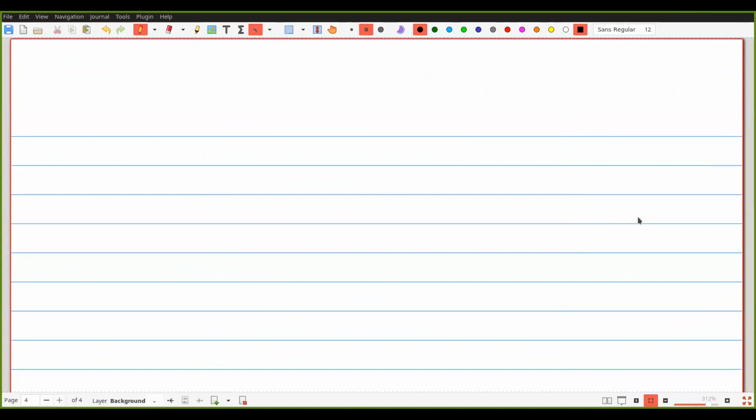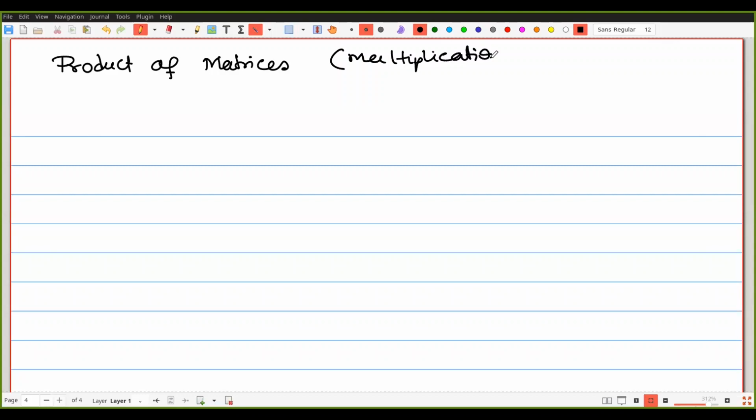Next operation is called matrix multiplication, or the product of matrices. That means the multiplication of matrices. Now, very much important. Why? When we have addition, we can proceed with the same order.